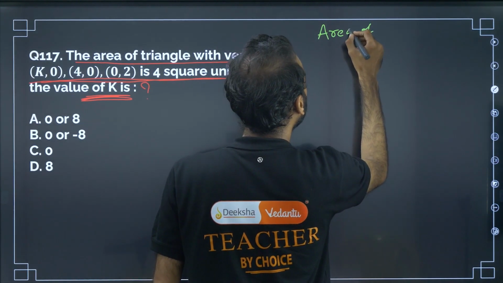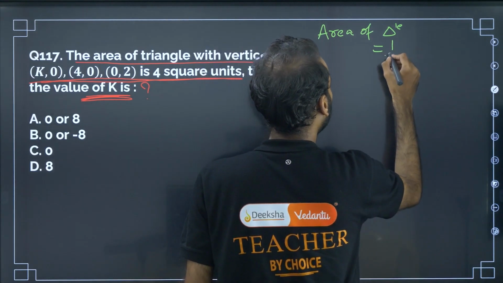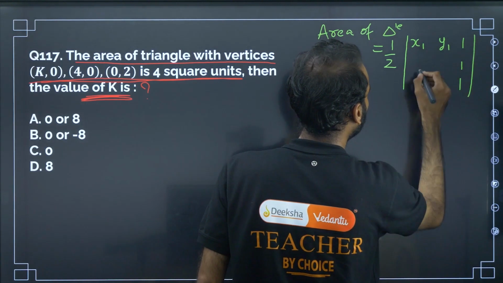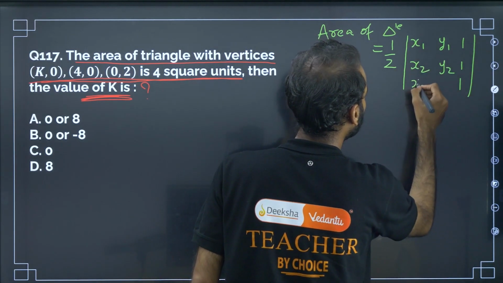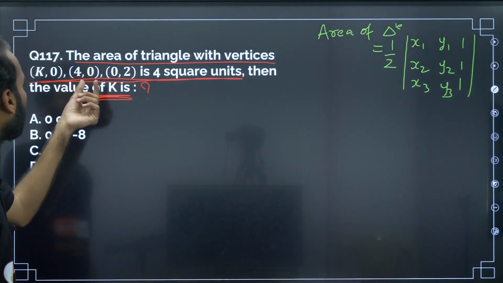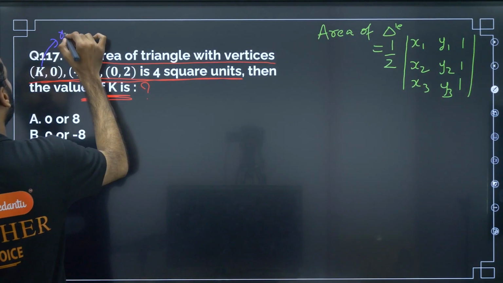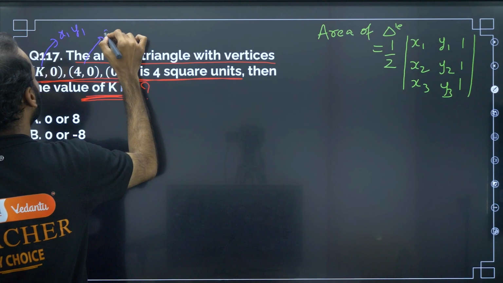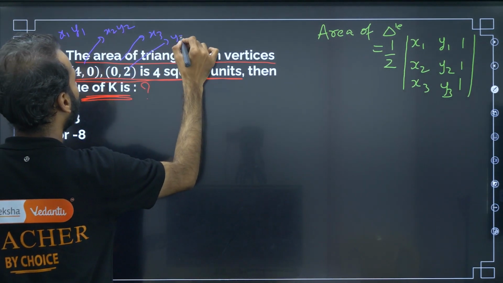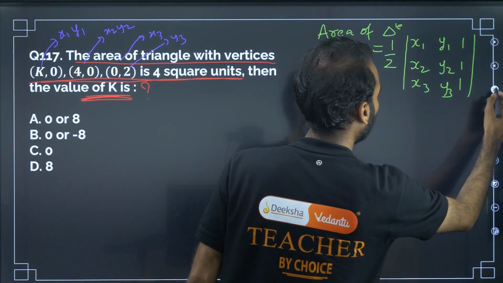Area of triangle is equal to 1 by 2 times the determinant with rows x1 y1 1, x2 y2 1, x3 y3 1. So for the given vertices, we have to use this synopsis to find k.